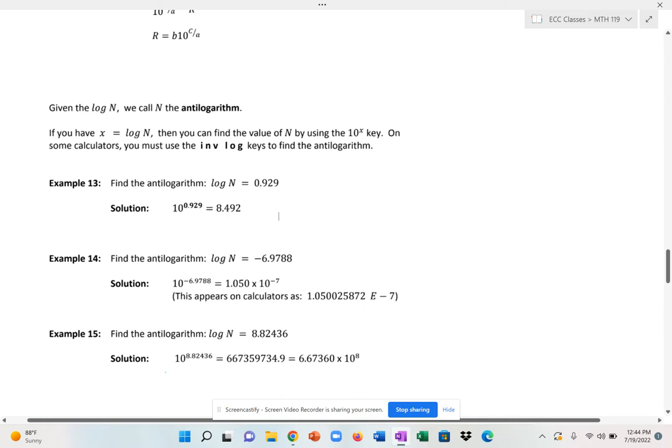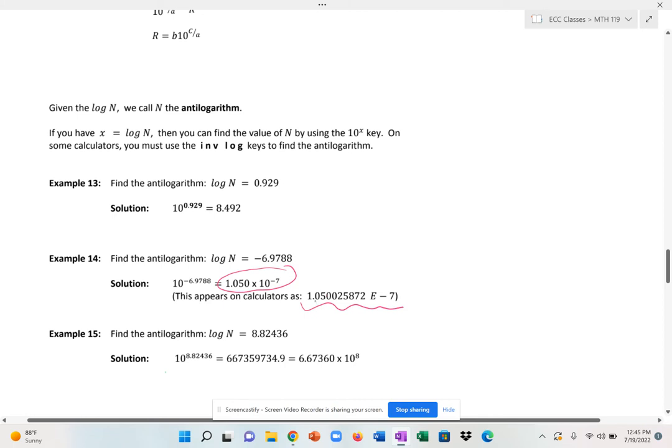Here we want to find the anti-logarithm of log of n equal to negative 6.9788. We use the same key, 10 to the negative 6.9788. Your calculator might give you something that looks something like this, but most likely it would look more like this, something strange that maybe you've never seen before. In order to rewrite it like this, we're using scientific notation.